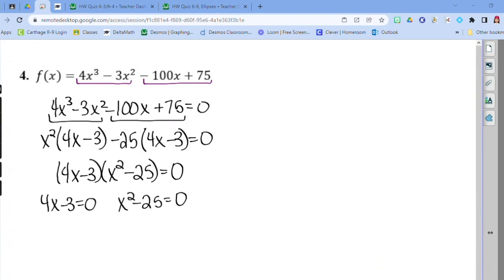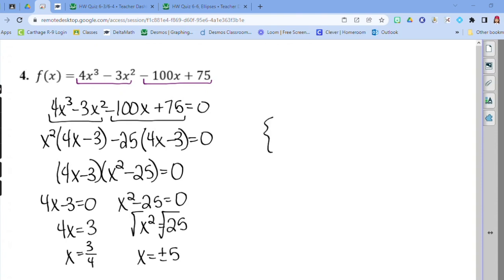On the first one, add the 3. Divide by 4. The other one, add 25 to both sides. Take the square root of both. So x is a positive or negative 5. So I have 3 rational zeros here.